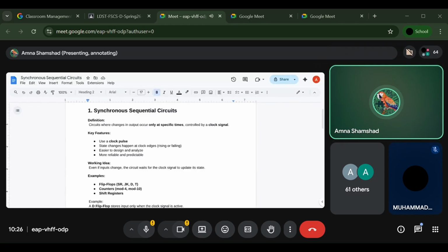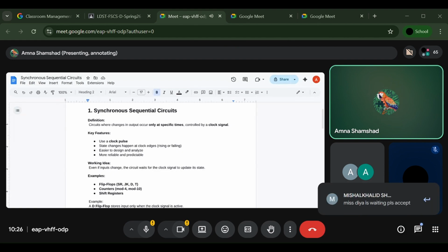The output of flip flops is synchronized with the clock signal. Whenever you have the rising or falling edge of the clock, its output will be affected. So flip flops are basically a type of synchronous sequential circuit. The key feature is simply the clock pulse: it changes its output on the rising or falling edge.